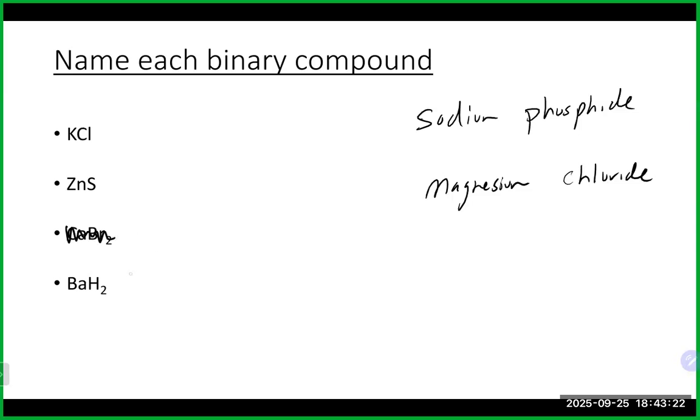Let's do Sr. I'll do that one instead. Let's do here aluminum oxide. All right, so names on the left there, formulas on the right. See what you come up with here.